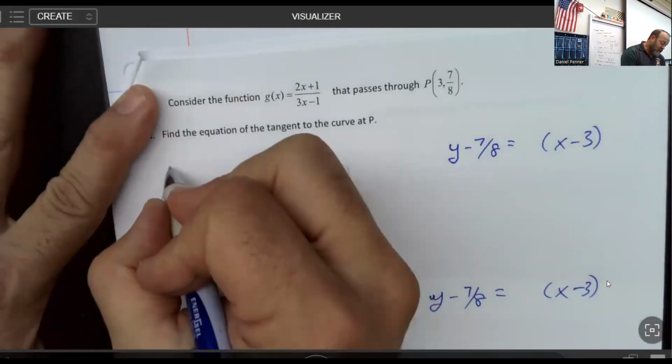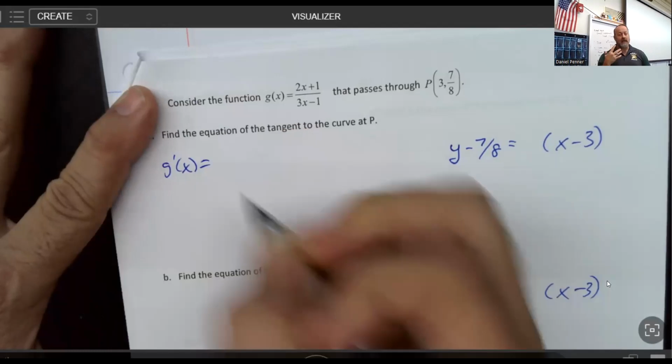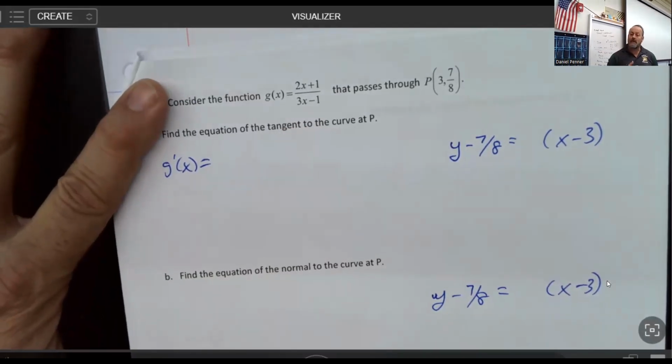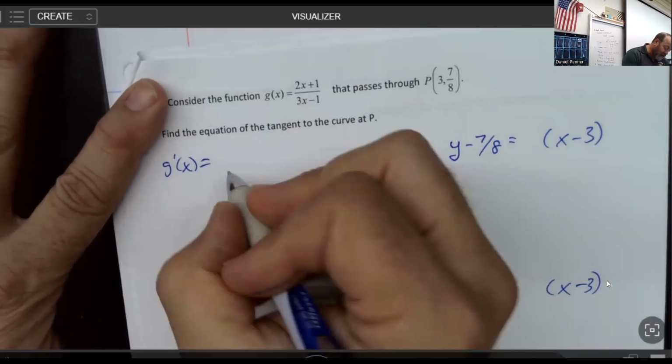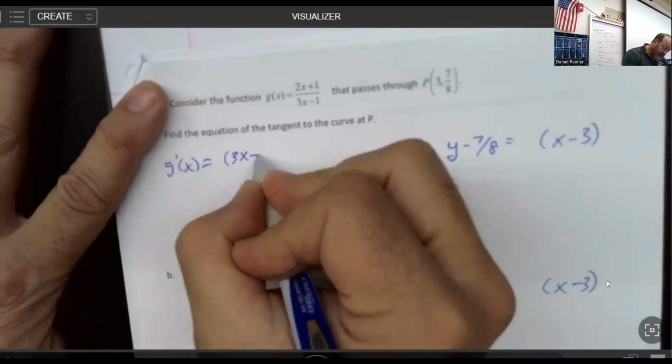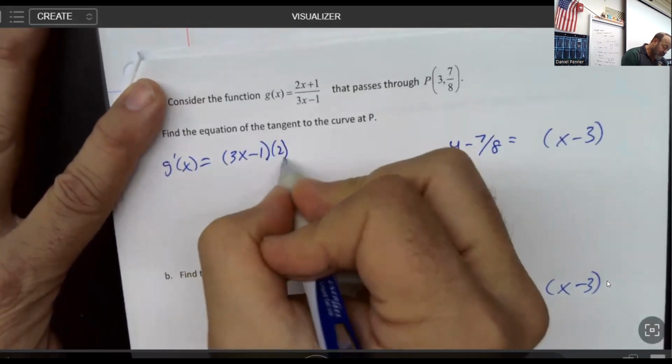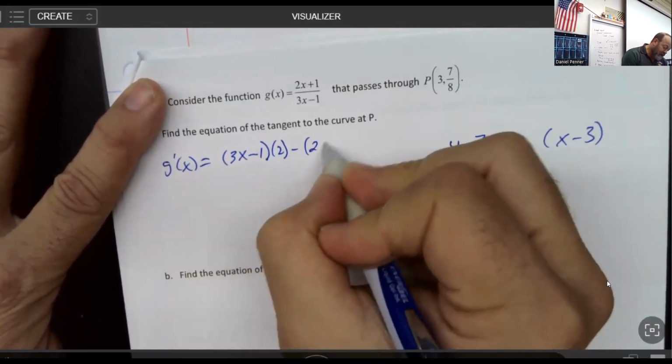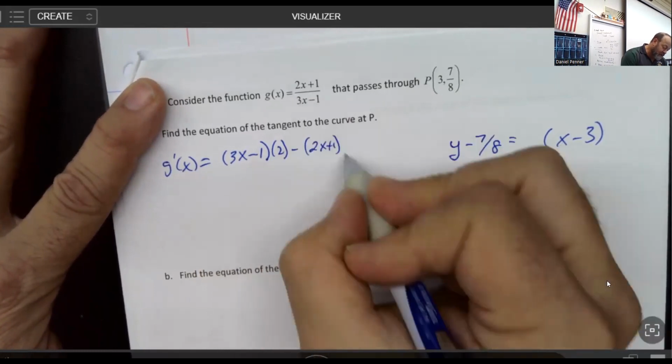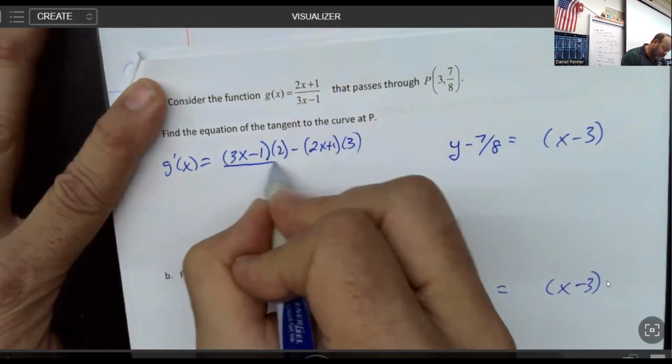So this is really partially just keeping our practice in on doing our quotient rule. So I'm going to start off with my low, d high, but d high is going to be 2, minus our high, and our d low is going to be 3 over the square of what's below.